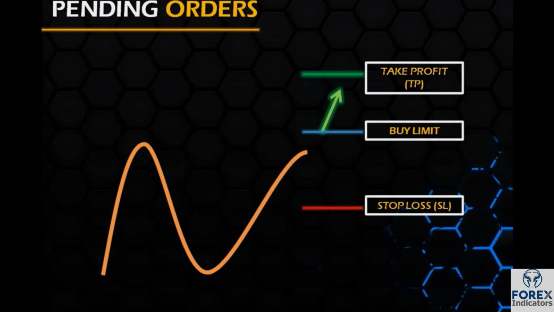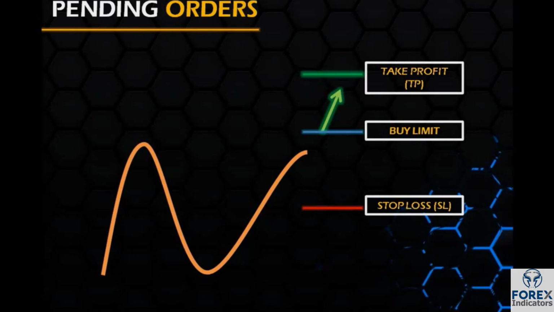It's very, very important guys. You have to know how to place a stop loss and where to place it, because sometimes the price could retrace back a little and then continue rising in your favor.